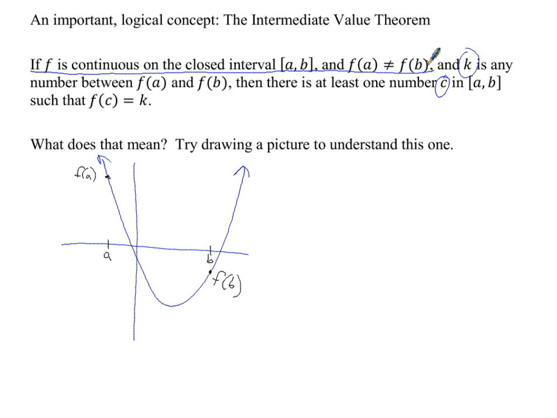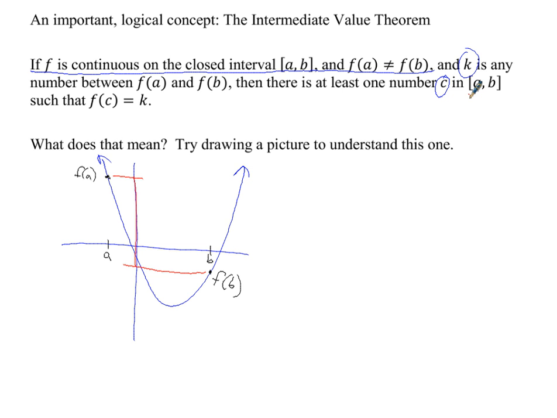Now, k is any number between f at a and f at b. So that means between f of a, which is here, and f of b, which is here, k can be anywhere in this range right here. Then there is at least one number c, some other number c, in the interval a to b.